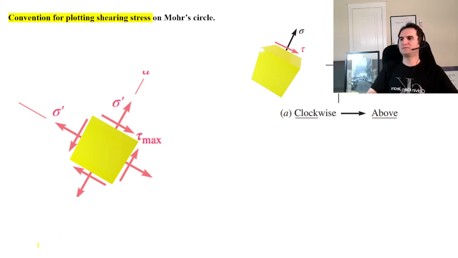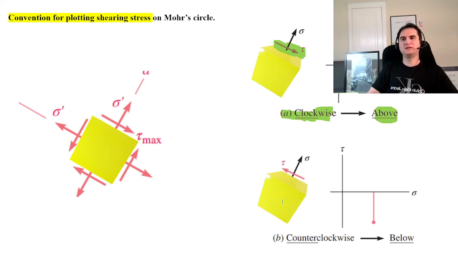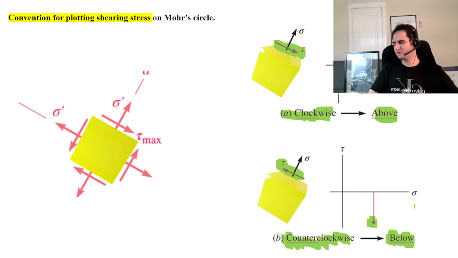If, for example, the shearing force tends to rotate your element in a clockwise direction, go for a point at the top, above the axis. And if a shear tends to rotate an element counterclockwise, just put the point below the x-axis. So those are the simple rules when you're applying either the formula or plotting the Mohr circle.